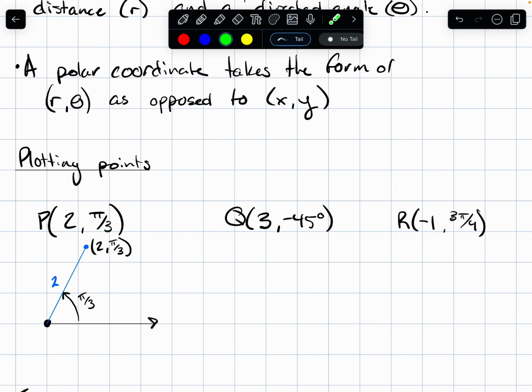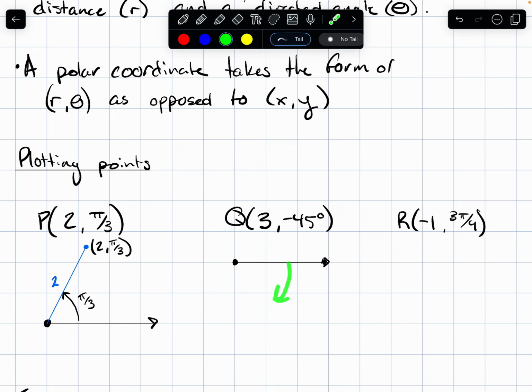So, once again, not the easiest thing to do at first. It's quite tricky, but given some time and a little bit to get used to it, it should be okay. Looking at the second one, the only thing that's kind of weird and different is this negative 45. All that means is instead of measuring my angle upward, as I did in the first, I'm going to measure it downward.